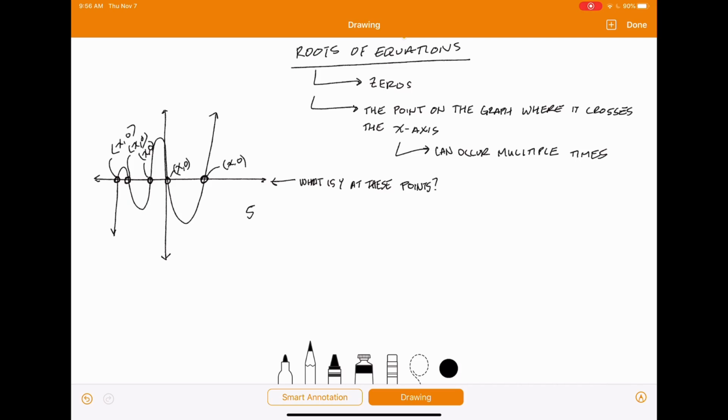So again, in all these locations, y equals 0. So we can plug 0 in for y into our original equation and solve for x.